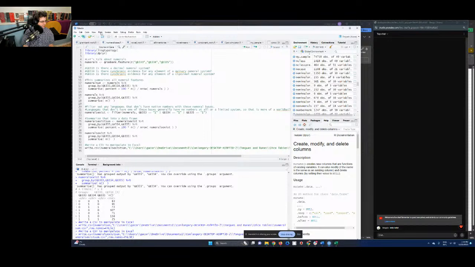So I do that, and this is just some stuff to check things. Then I have a filter for things that actually have these three features, so that I am excluding things that only have the body tally, or that have no numerals or limited numerals.